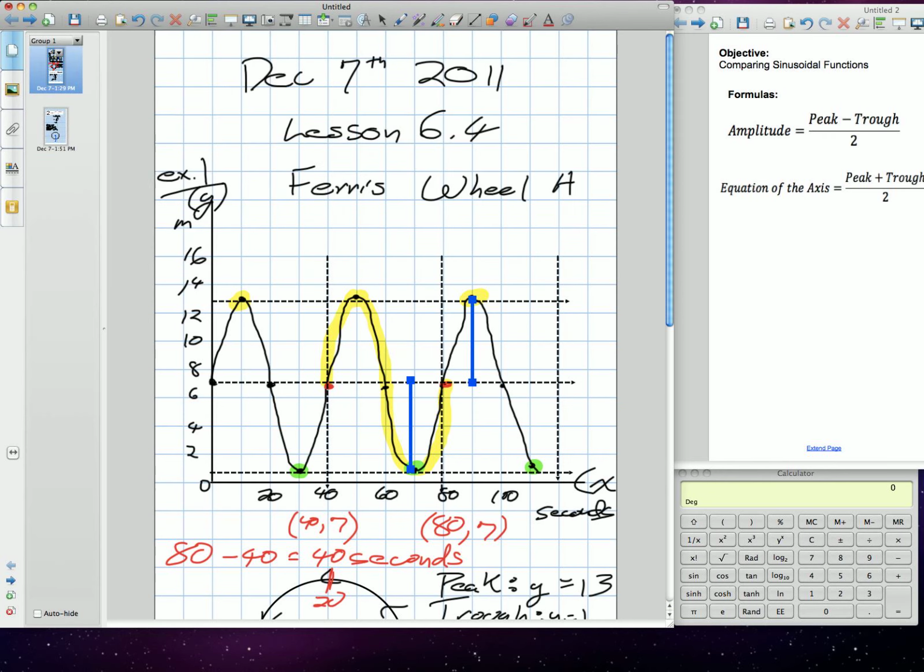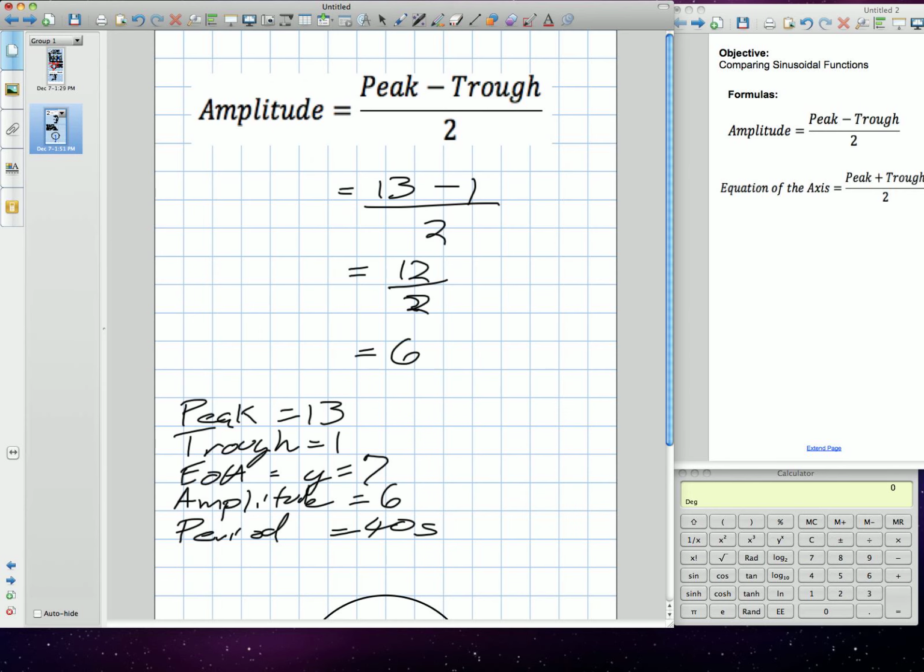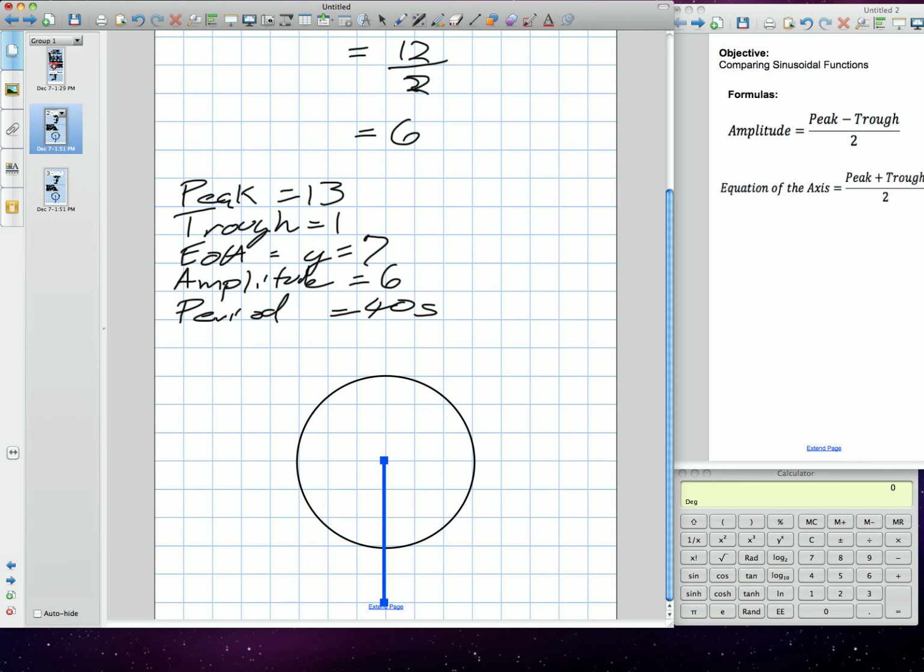It's above the ground. Okay? Now, looking at our graph on the other page, because we do want to start, if you guys notice, apparently you get on this Ferris wheel at 7 meters high. So there must be some kind of ladder to climb up to it, because we know the lowest point of the Ferris wheel is 1 meter above the ground, and the highest point is 13 meters. So maybe there's stairs, okay? Stairs or a ladder.